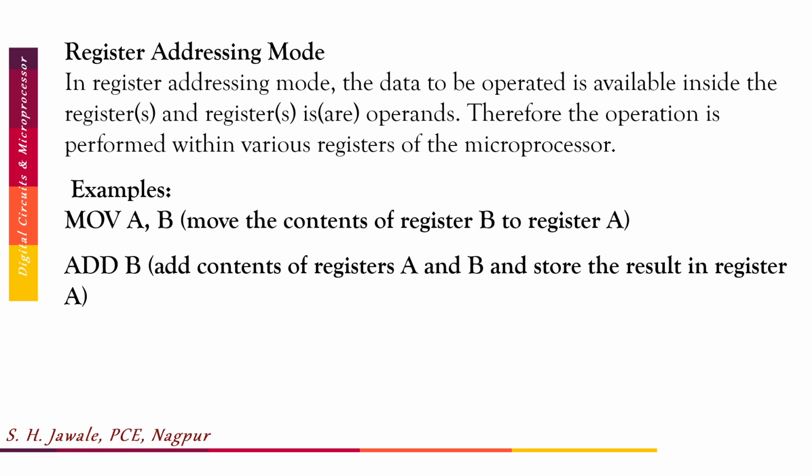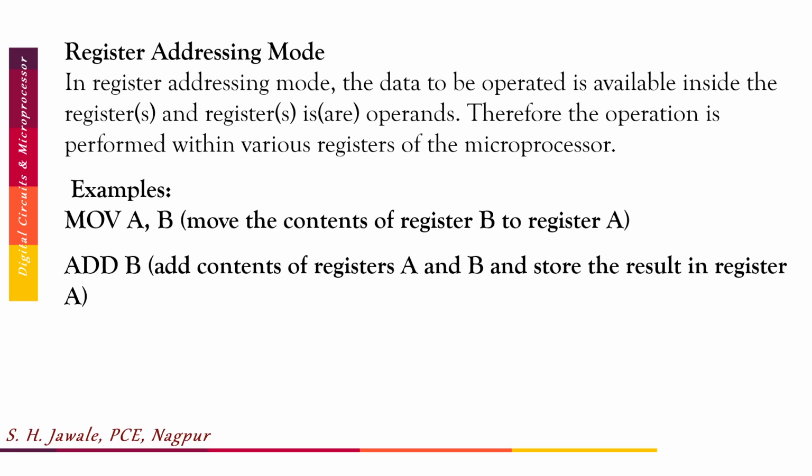Now next is the register addressing mode. In register addressing mode, the data to be operated on is available inside the registers and the name of that register is given along with the instruction.